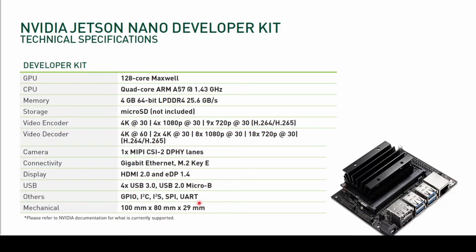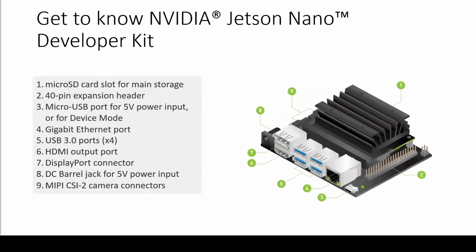And then this is the size of the Jetson Nano developer kit, final size. So this is all from the outer view of the Jetson Nano. As you can see, all of these ports have been listed in here.